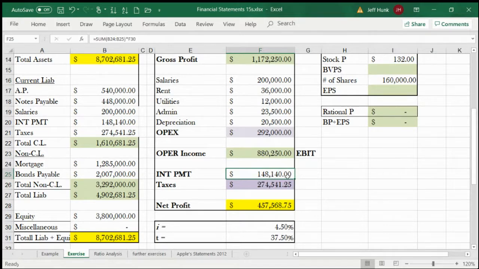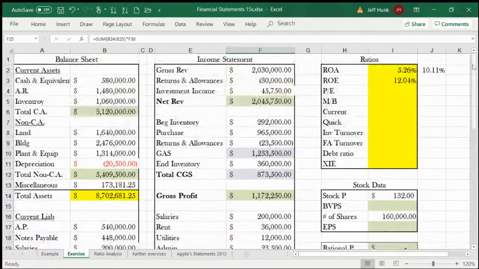And since the interest comes from the EBIT or operating income, from the bondholders' or debt holders' perspective, a more relevant measure of return on assets is EBIT over total assets.